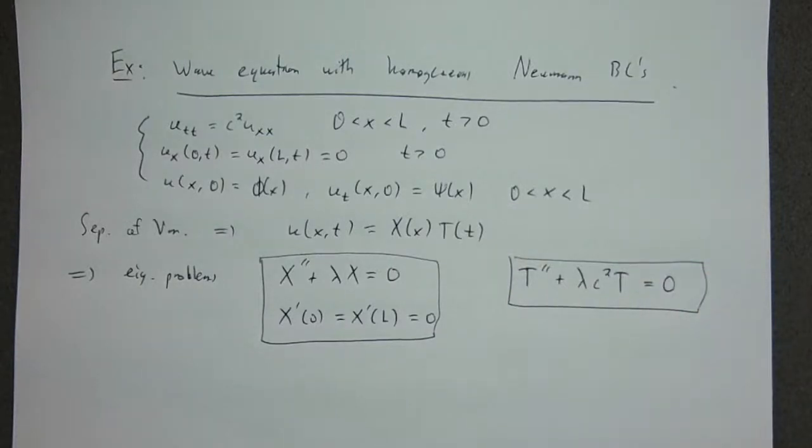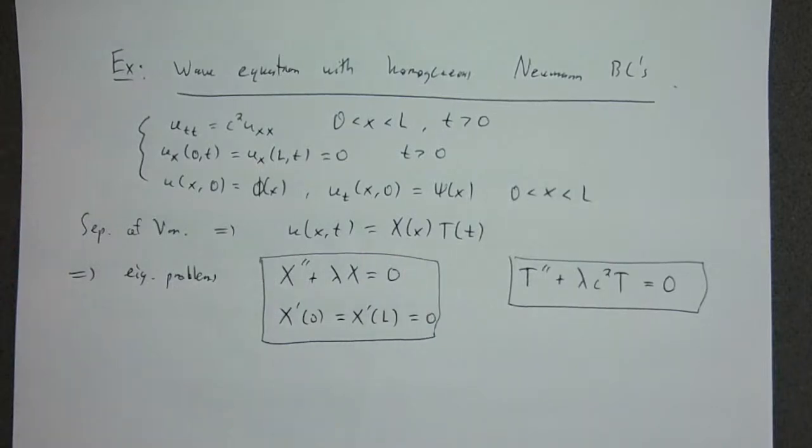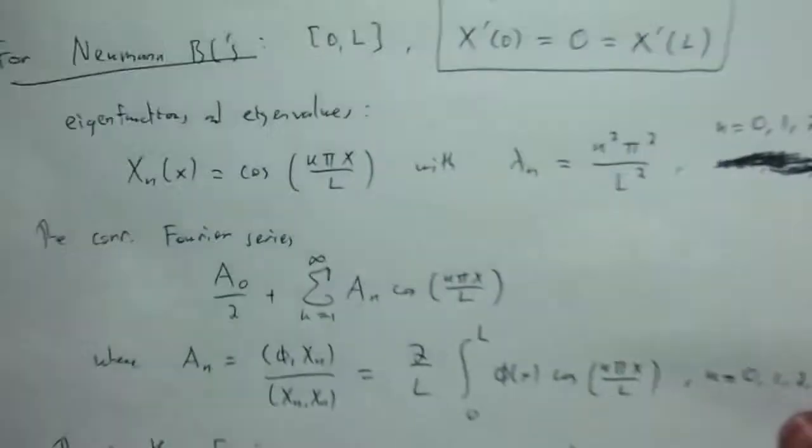Okay. Now, what do I find here? First of all, like I always do, how do I solve this eigenvalue problem? I have my canned solutions, going back to my list of eigenvalue problems. Here we go.